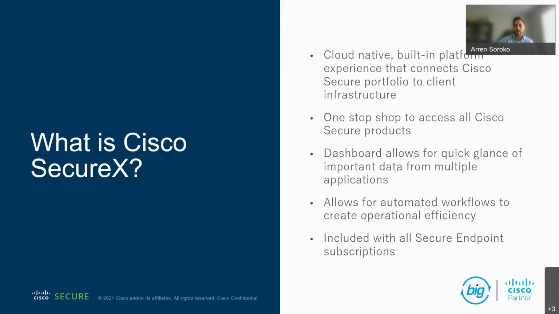So the gimmick for SecureX is that you can generate APIs for each of your in-house Cisco applications and integrate them all into one dashboard. The nice part is that the Cisco Secure portfolio, which is all their security products, generates a lot of data, right?